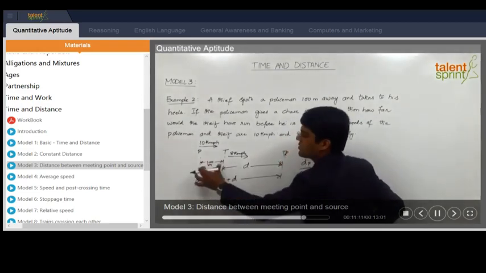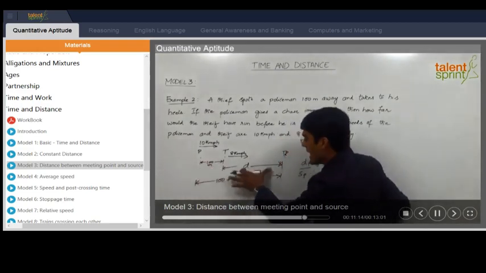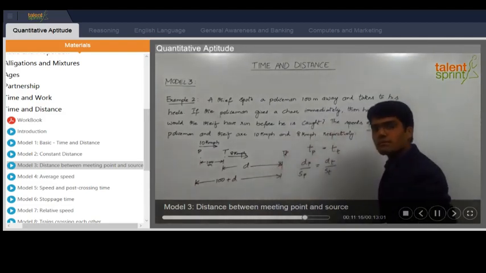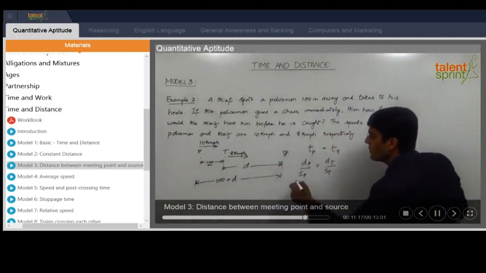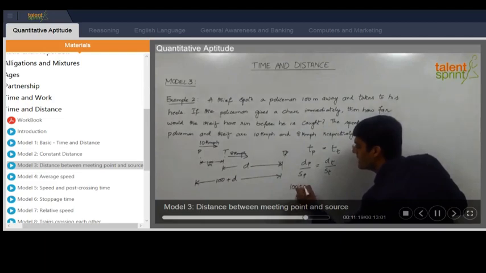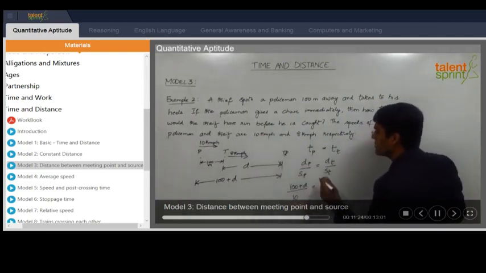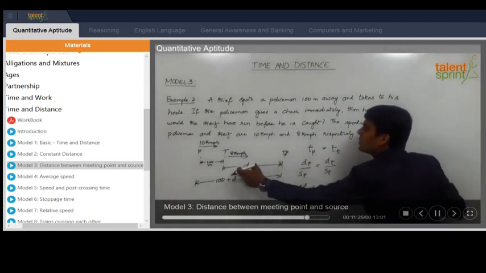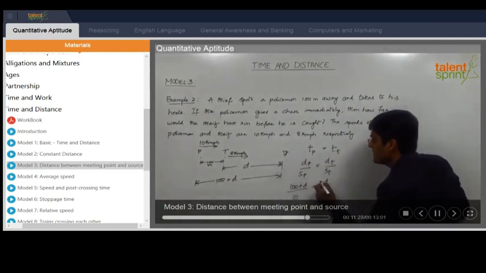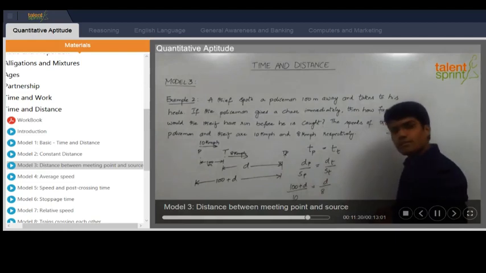Why? Because he has to cover the extra 100 meters and then the d meters which is covered by the thief. So the total distance covered by the policeman is 100 plus d divided by speed of the policeman is 10 equals to the distance covered by the thief is only d. That should be divided by the speed of the thief, 8.